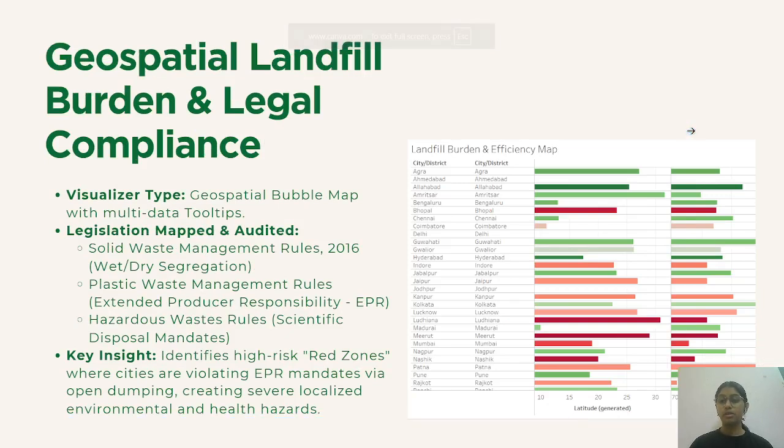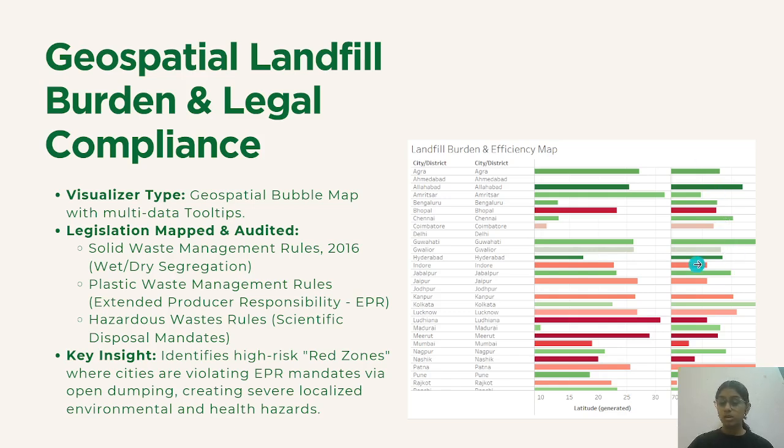Next is sheet number four, geospatial landfill burden and legal compliance. For this, I have used a horizontal bar graph, and it shows the landfill burden and the efficiency of each city or district accordingly. The red are the risky zones where the dumping is quite a lot more compared to other cities.